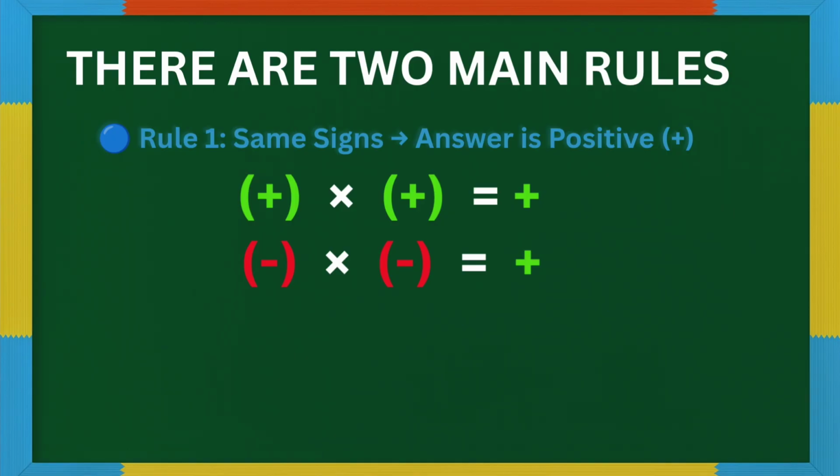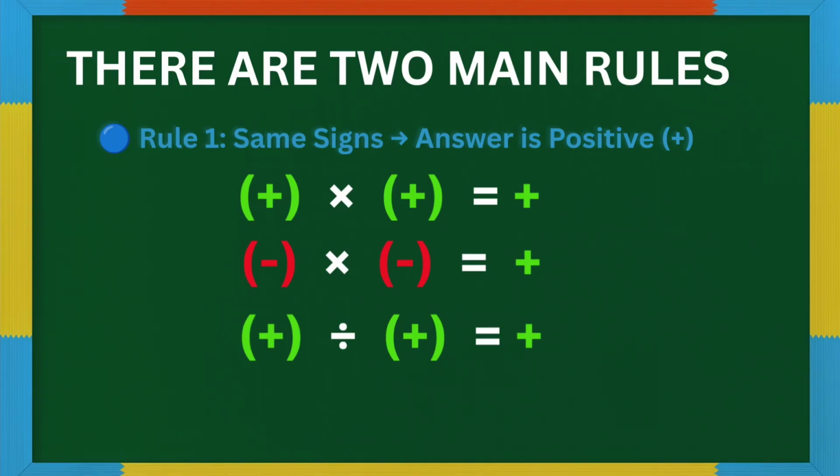Let's go with division rules. The first rule is when you divide a positive number by a positive number, the answer is always positive. We can say that plus divided by plus is equal to plus.